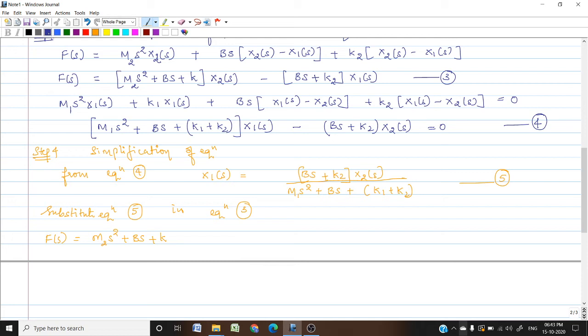Here a small correction, this is k2. (bs plus k2) into x2 of s minus (bs plus k2), whatever this equation, I'm substituting it here, (bs plus k2) divided by (m1 s² plus bs plus k1 plus k2) into x2 of s.